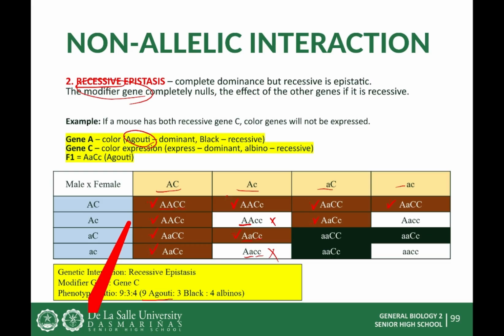Now, how about black? So, if the gene A is recessive, automatic black will come out. So, let's check the black from the genotype. So, ito ba, will it give us a black phenotype? No. This one, no pa rin kasi this is heterozygous. How about this one?